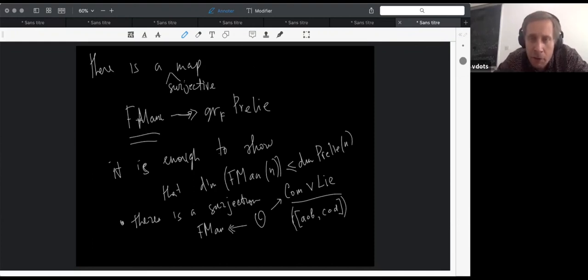I shouldn't denote this by an arrow because it's not a map. So this is rather this. The fact that such a surjection exists also uses some rewriting methods for operads, for shuffle operads.